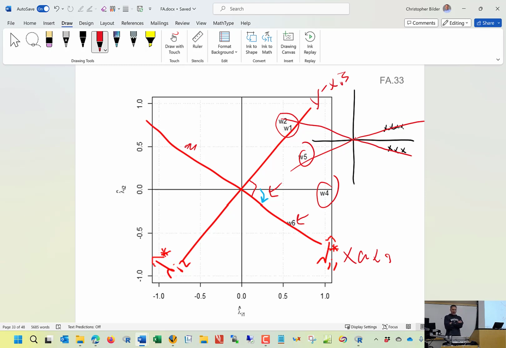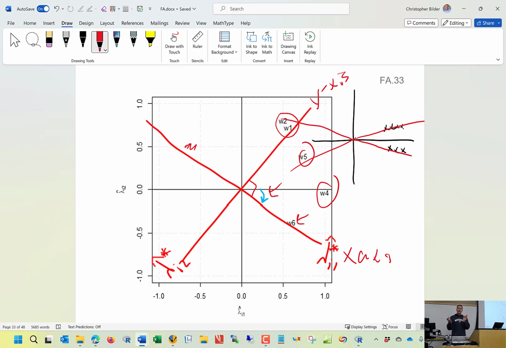But the problem is that now these new axes are no longer perpendicular to one another, or orthogonal, which means that these axes, which represent our common factors, are no longer independent. We've talked about this before: you can think of orthogonality as kind of equivalent to independence.